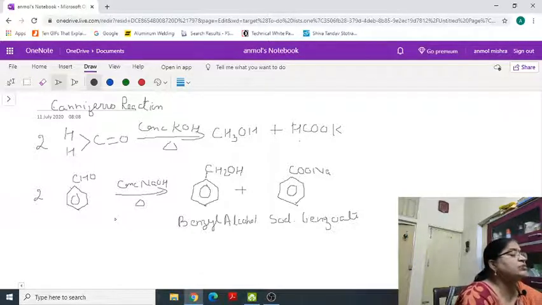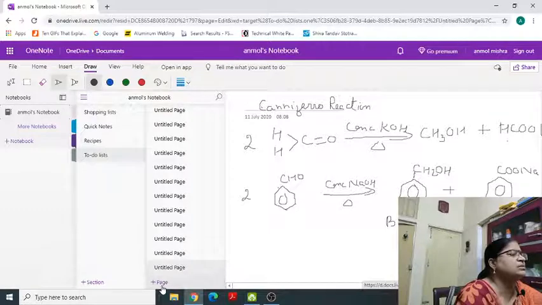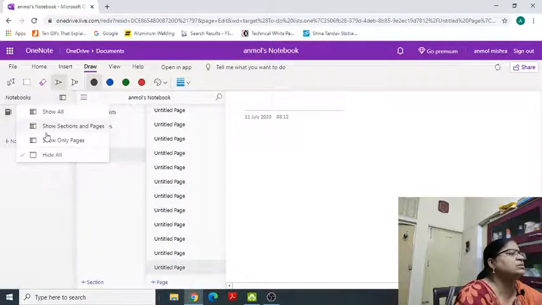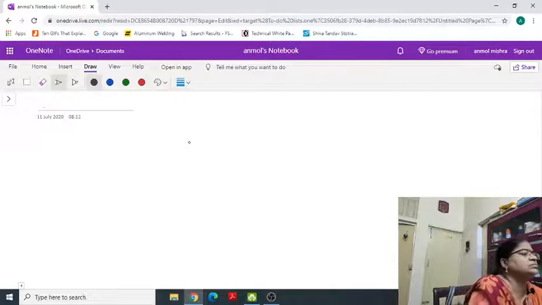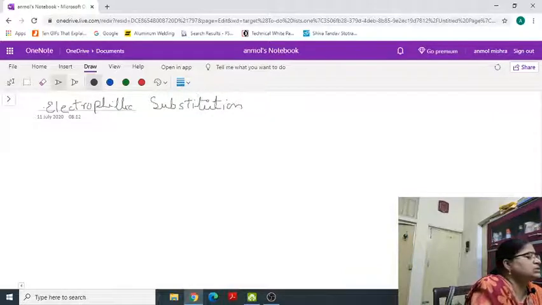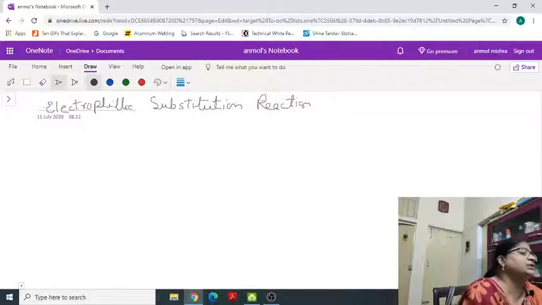Next is the electrophilic substitution reaction. Aromatic aldehydes and ketones undergo electrophilic substitution reaction.